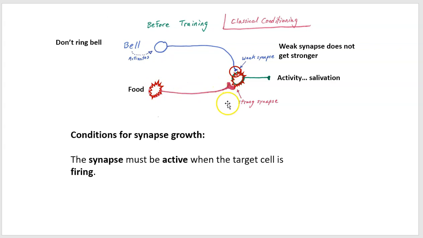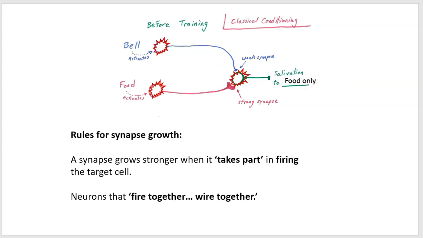The conditions for synapse growth are specific, so you have to have activity in this pathway while the target cell is active. Then you can strengthen that synapse right there. So in summary, a synapse grows stronger when it takes part in firing the target cell. And one way to think about this is neurons that fire together wire together.